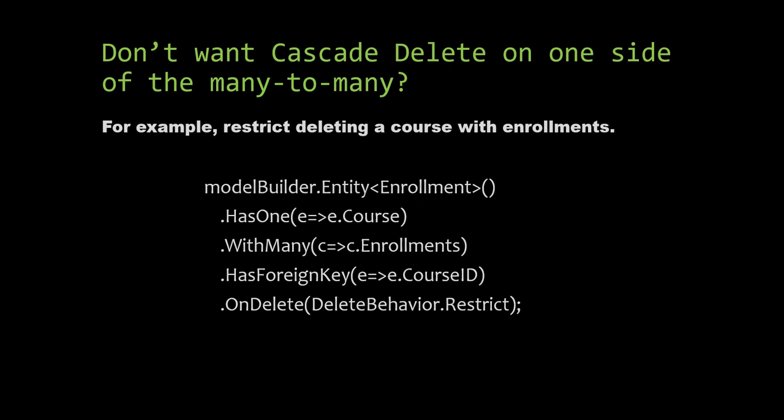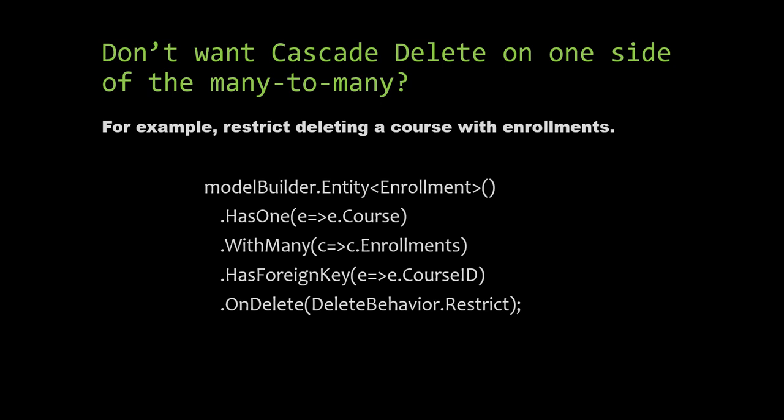What often happens when you get this kind of arrangement is what about that whole issue of cascade delete? Because really, we mentioned that it's essentially two one-to-many relationships. So what if you delete a parent record on either side? Well, what we'll usually find is you do want to restrict from one side and not the other. So for example, it makes sense that if you're going to delete a student, if you really are going to take them out of the system, why would you leave enrollment records for them behind?